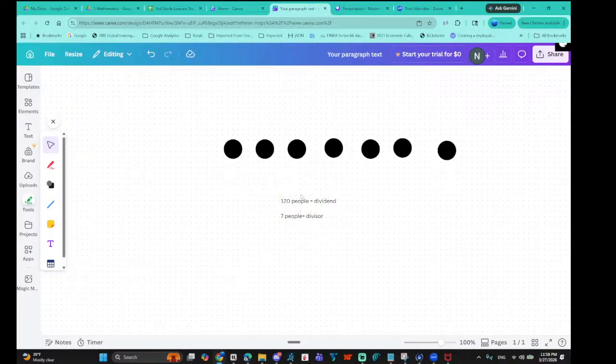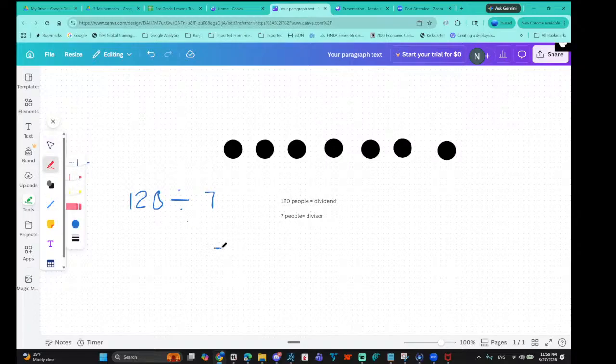So I guess we have 120 divided by 7, and that basically equals around 17, but since the 17 has a decimal when you type it into your calculator, we will just multiply the 7 by 17.